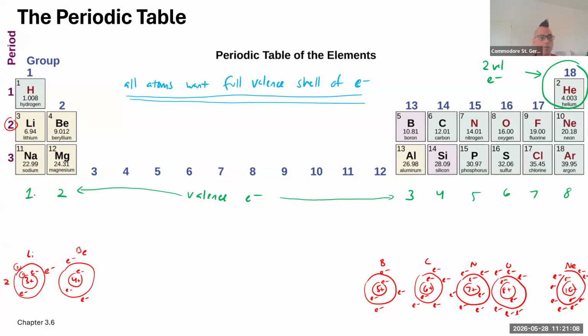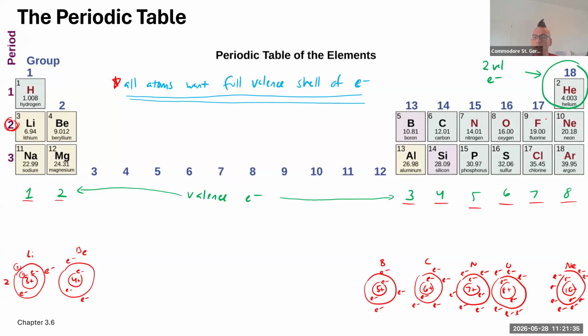All right. So again, lithium has 1 valence electron, beryllium has 2, boron has 3, carbon has 4, nitrogen has 5, oxygen has 6, fluorine has 7, neon has 8. All right, and we were talking about row 2. Now, again, all atoms want full valence shells of electrons, right?